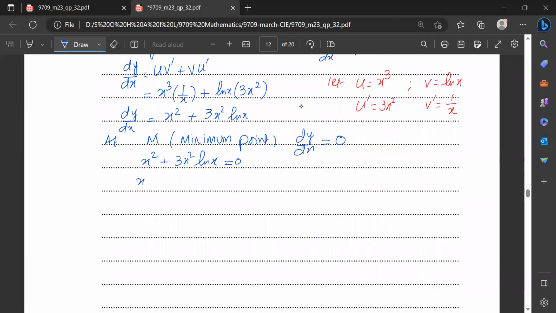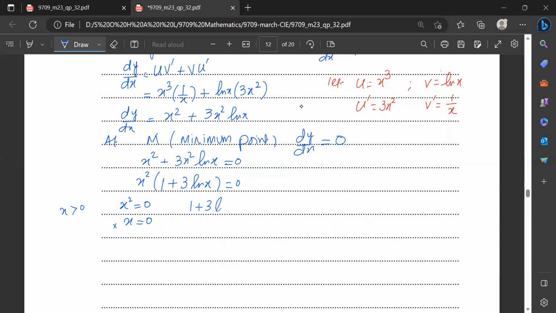And x squared is common: x squared times 1 plus 3 natural log of x. Keep in mind that x is positive. So x squared equals 0 gives x equals 0. Reject this because x is greater than 0 in the question.